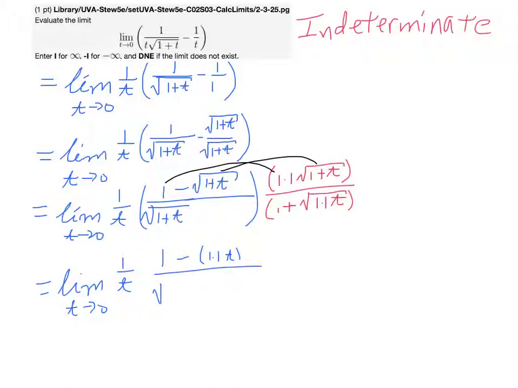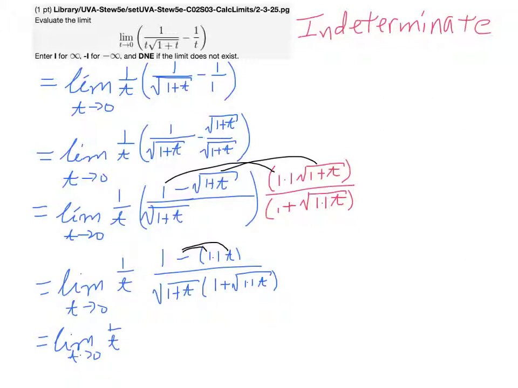However, in the denominator, I have a square root times 1 plus the square root of 1 plus t. Okay, now I'm going to take this minus sign, if you think of it as a minus 1, and distribute it. And when I do so, something terrific happens.